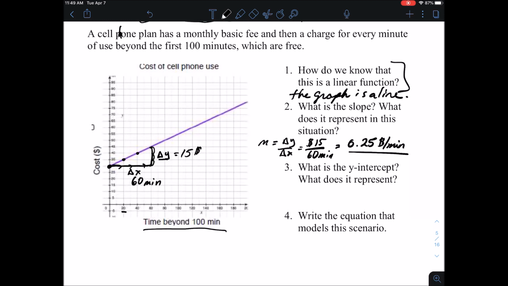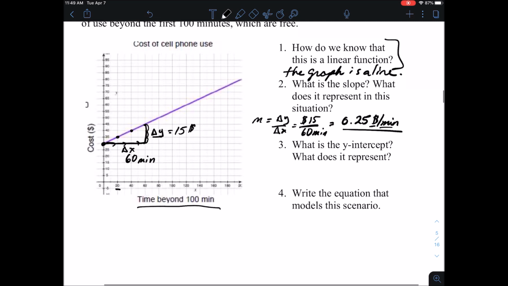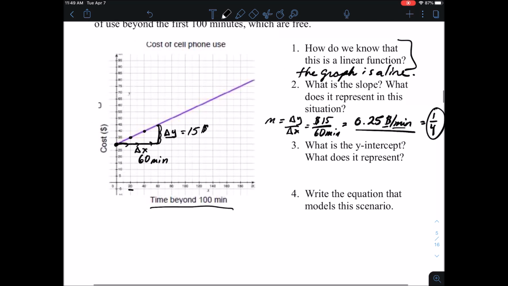Well, the slope in this case of 0.25 represents the cost per minute of using the phone after those 100 included minutes. This is maybe not the best deal out there, but just to illustrate the point. And often in linear functions, we would write the slope in fraction form as well. So there's our fraction form of a quarter.